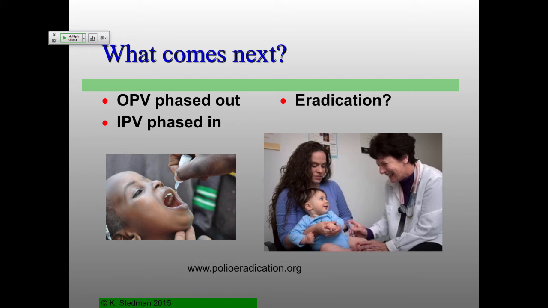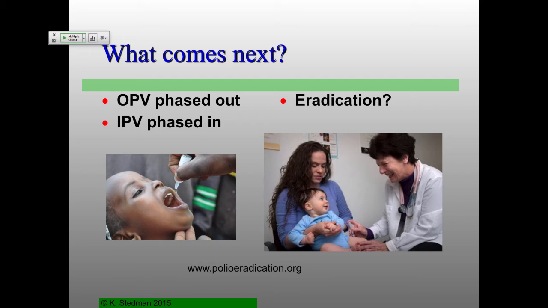And that's, in fact, what happened in the U.S. In the U.S., there were a few people who came down with vaccine-derived polio, and based on that, they stopped using the polio drops, the live attenuated vaccine, and went back to using injected polio vaccine because that can't revert. It's inactivated. It's dead.